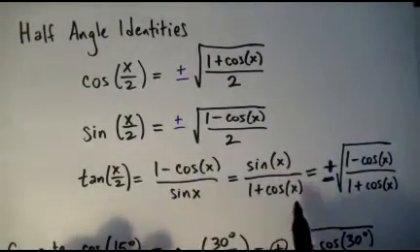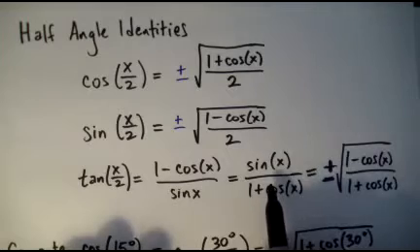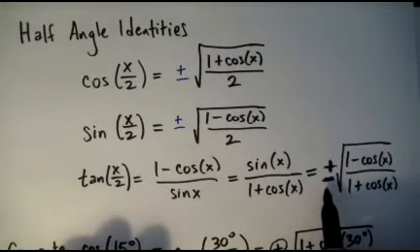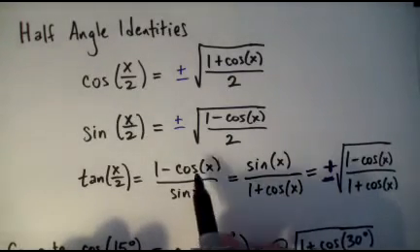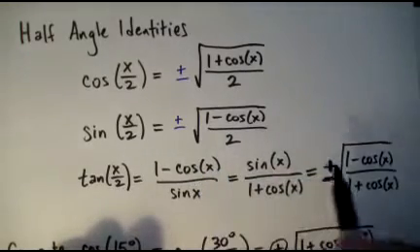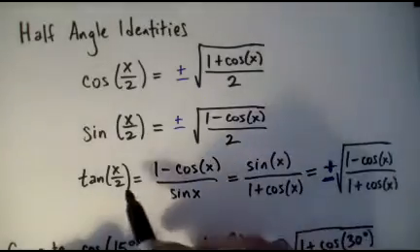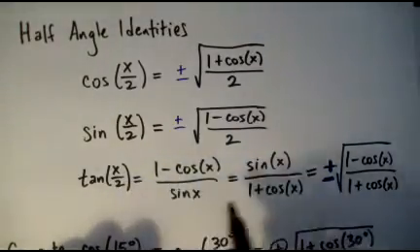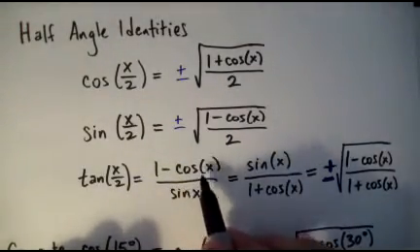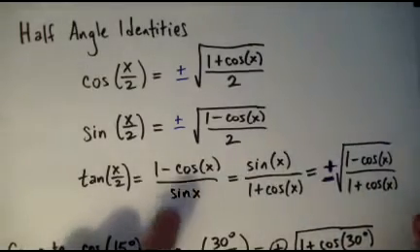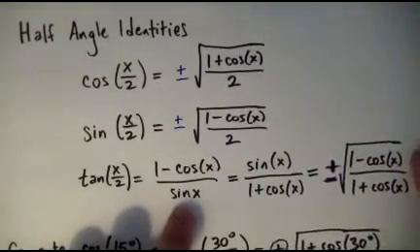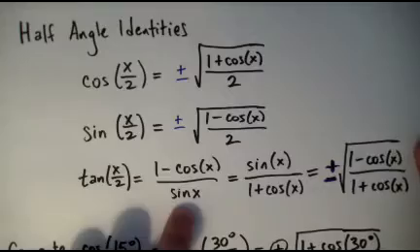What's nice is that 2 of them don't involve a plus or a minus sign. If you're told what sine of x and cosine of x is, you don't need to do any analysis to figure out what angle or what quadrant x over 2 falls in. So since in this case we were told what cosine of x and sine x are, we can use one of those formulas and we won't have to worry about what quadrant x over 2 is in.